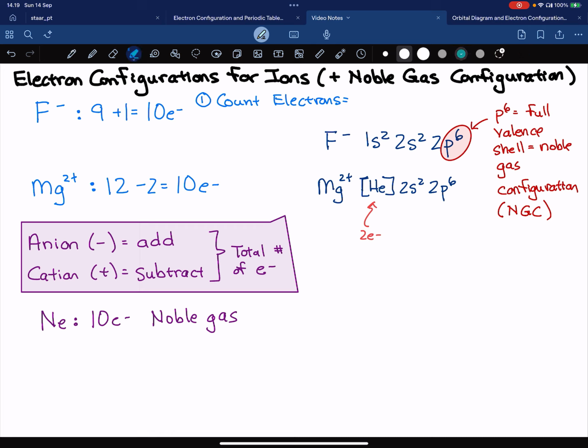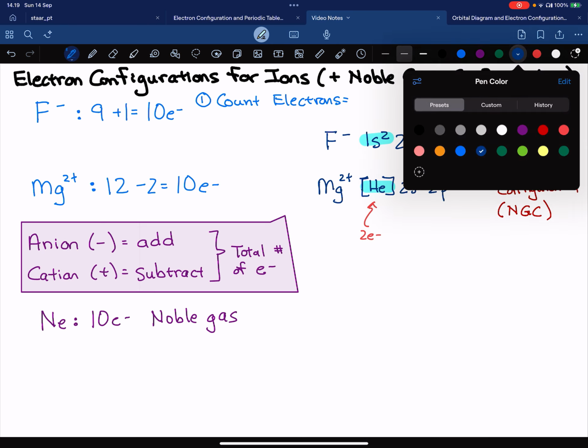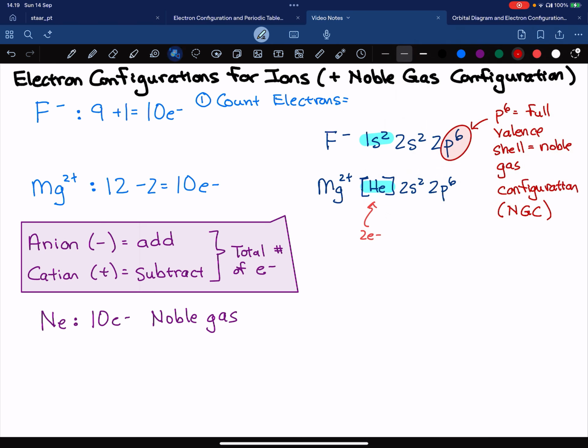So, in summary, helium is that bit right there, right? And then the noble gas configuration is the fact that we have the P6.